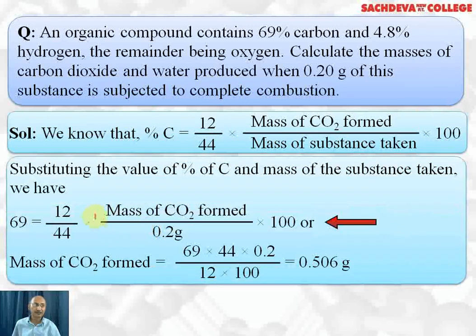Now we are given percentage 69 equal to 12 by 44 into mass of CO2 formed divided by mass of organic compound, 0.2 gram, into 100. Mass of CO2 formed will come out to be 69 into 44 divided by 12 into 0.2 divided by 100, 0.506 gram. This is the mass of CO2 produced.